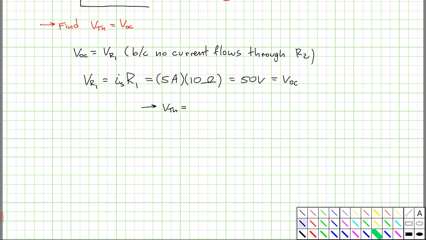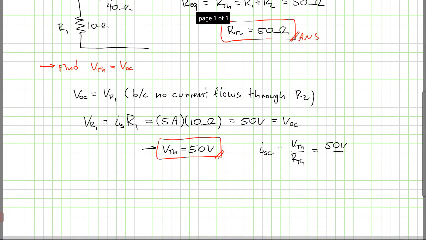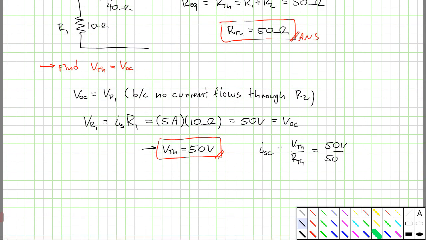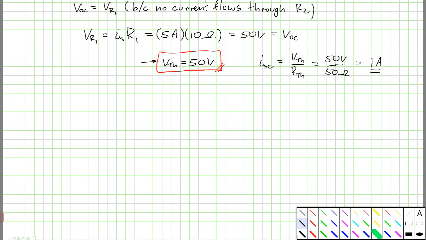So Thevenin voltage is 50 volts, and that's it. I'm pretty much done. And then I can find my short circuit current if I want. That is the Thevenin voltage divided by my Thevenin resistor, and that would be 50 volts divided by 50 ohms, which is 1 amp.